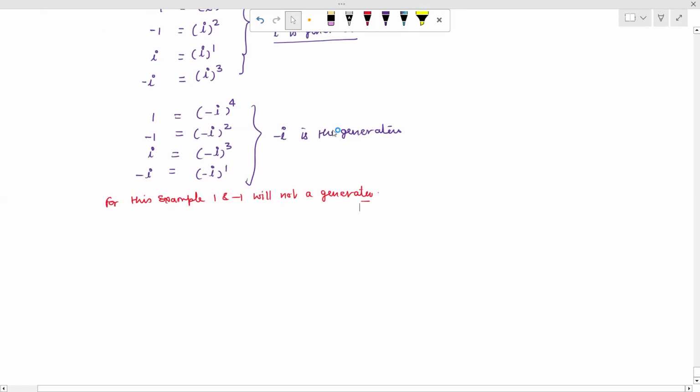Okay, so we can take another example for understanding the cyclic group. Let G is equal to {1, omega, omega square}, which is also an abelian group under multiplication.